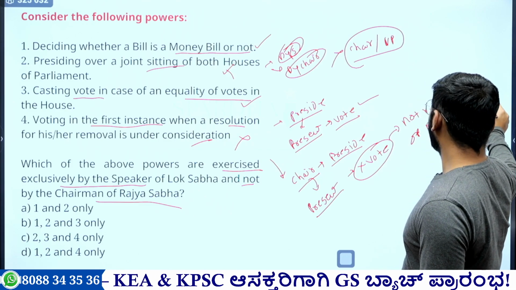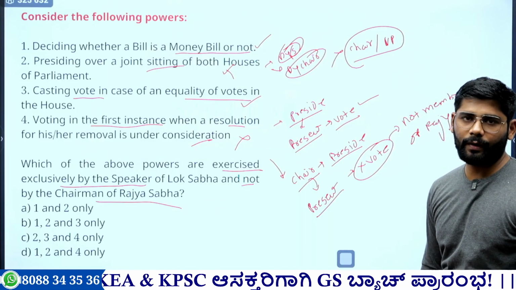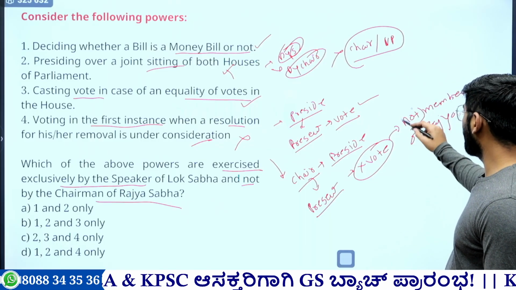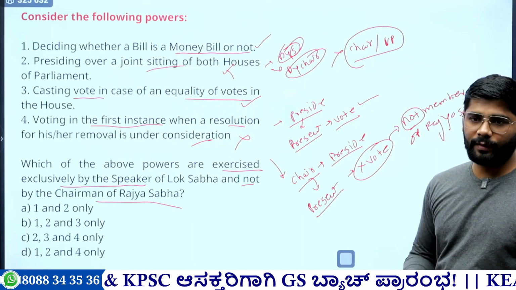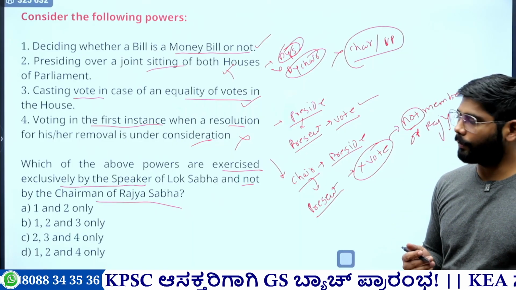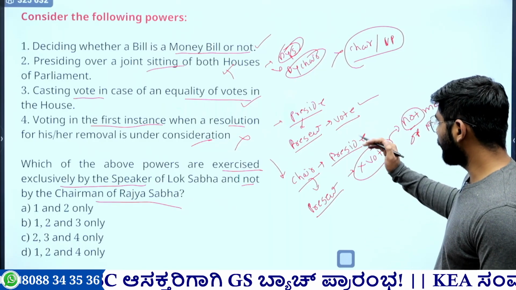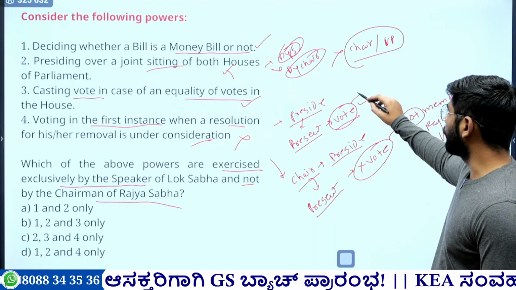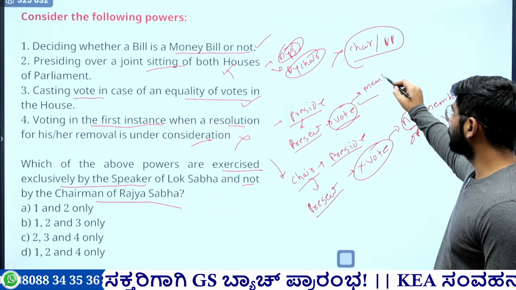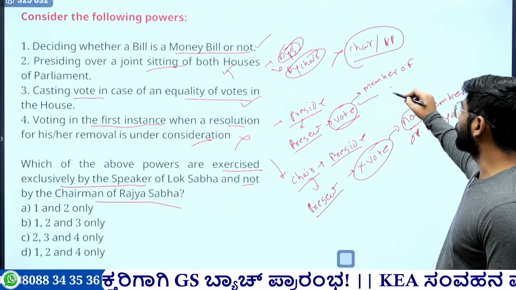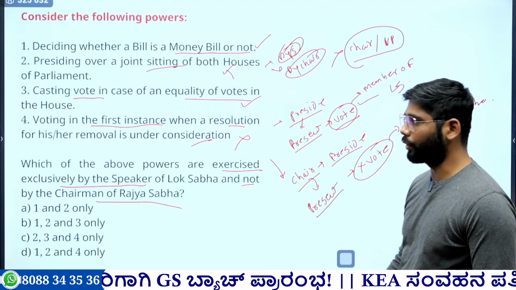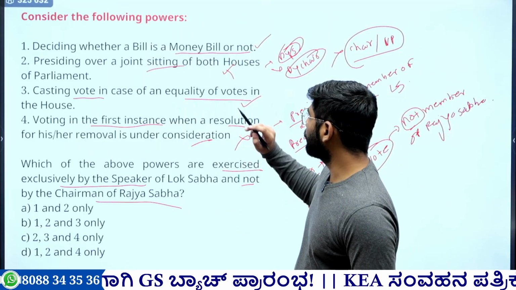He is elected by the electoral college consisting of Lok Sabha and Rajya Sabha, and he is not a member of Rajya Sabha. Even if he is a member of Rajya Sabha, before becoming Chairman or Vice President, he needs to vacate the seat. But why can the Speaker vote? Because he is a member of Lok Sabha. That's why he can vote. So this is wrong.